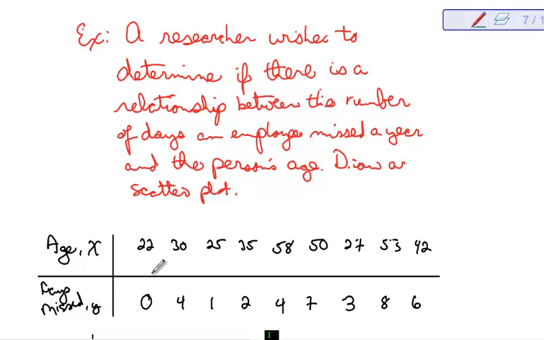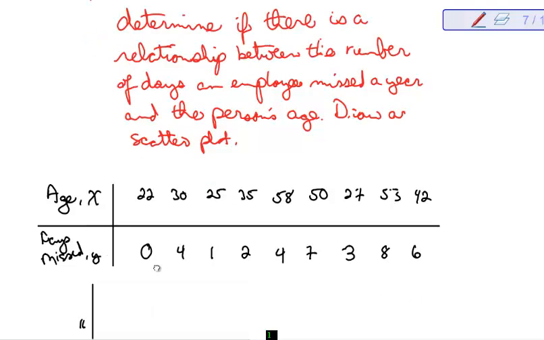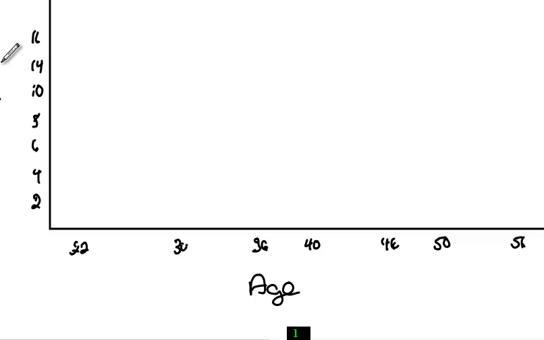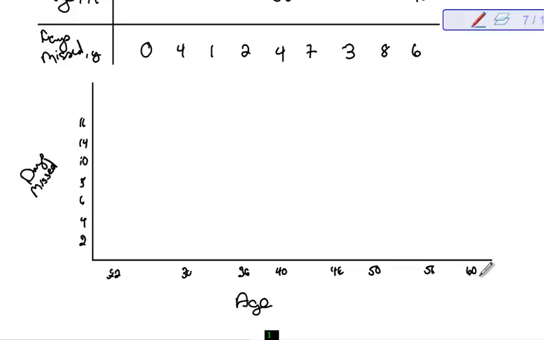So if I draw the graph, I have the days missed versus the age. And I have some values below: 22, 30, 36, 40, 46, 50, 56, 60. I really should be counting by twos and marking them.